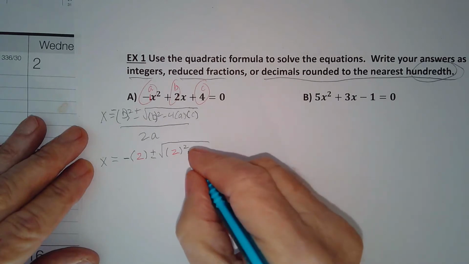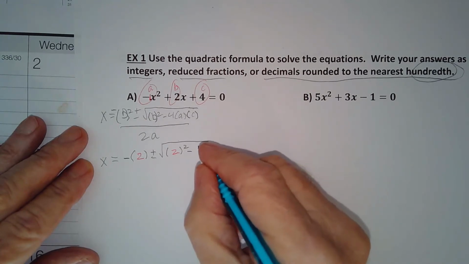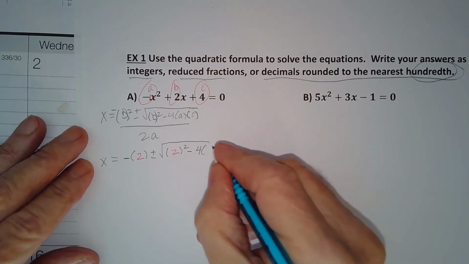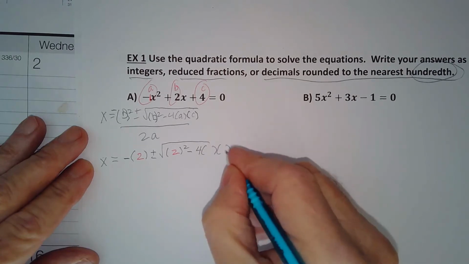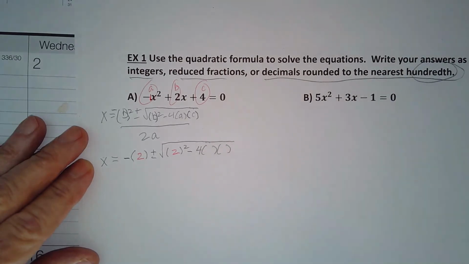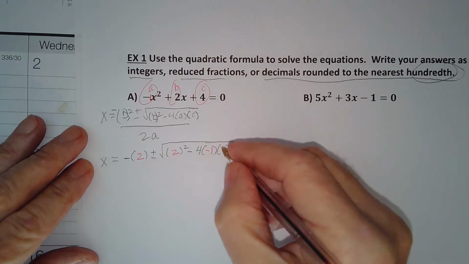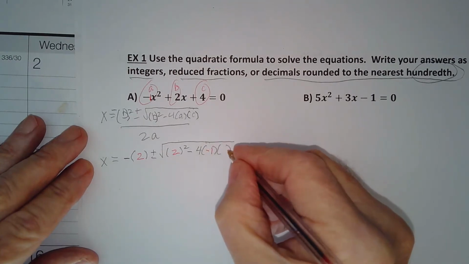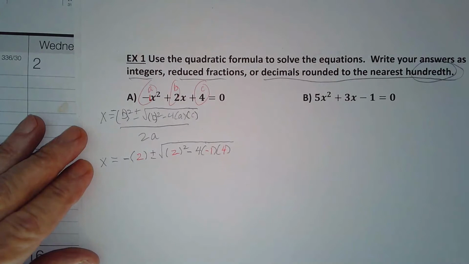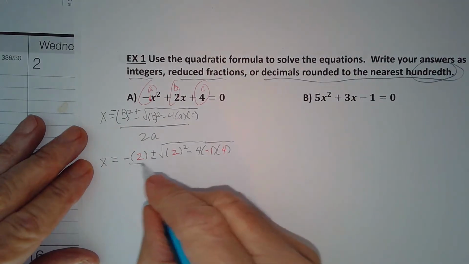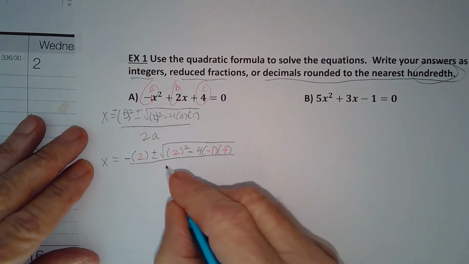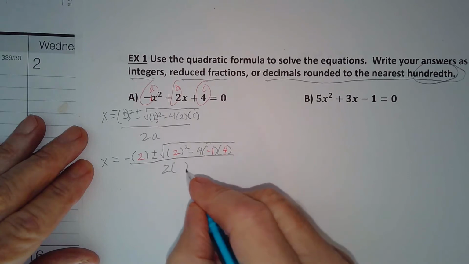And it's minus 4 times a times c. And a is, what do we say a was? A was negative 1. And c is 4. And that's all divided by 2a. 2 times a.